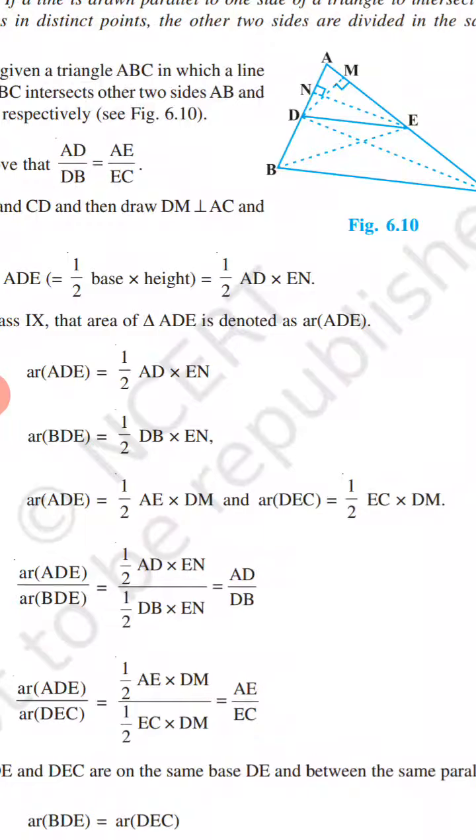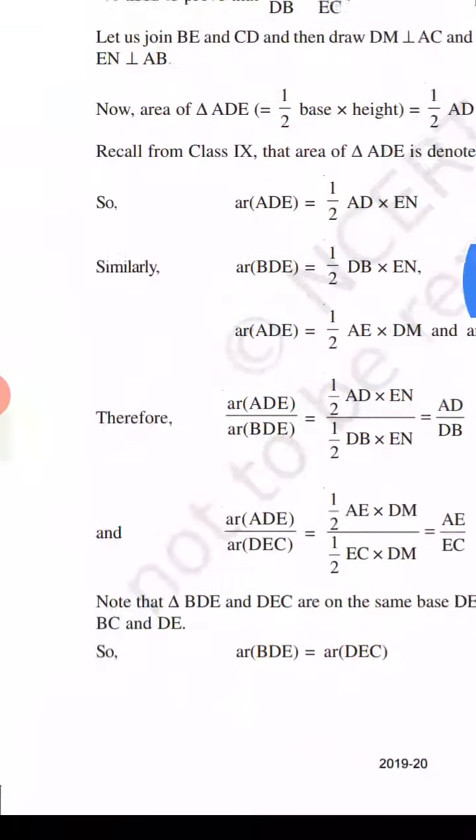Cancelling half both in numerator and denominator, and also DM, what we get? AE by EC.